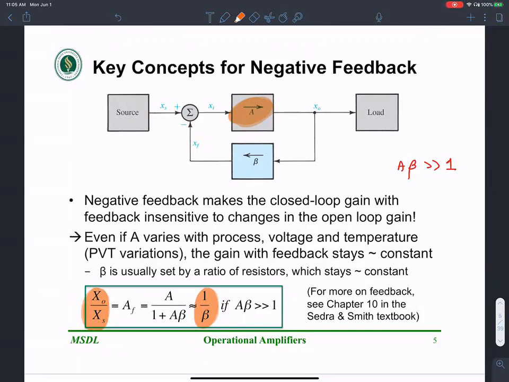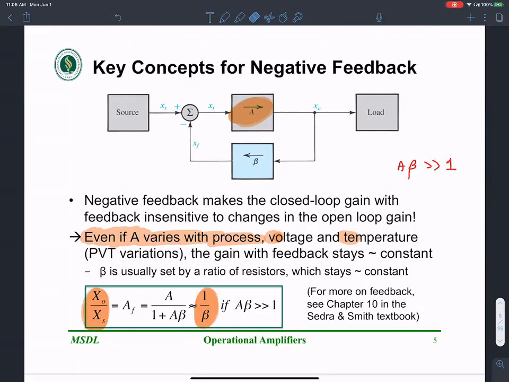open loop gain. Typically the open loop gain depends on the process, voltage, and temperature. It has a lot of variance. So what we have done is eliminate the dependence of gain on a lot of variables. We made it a really clean, simple equation, 1 over beta.